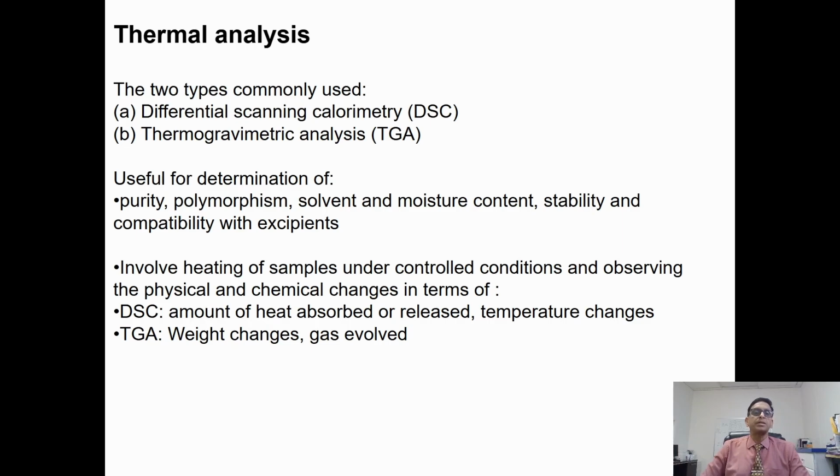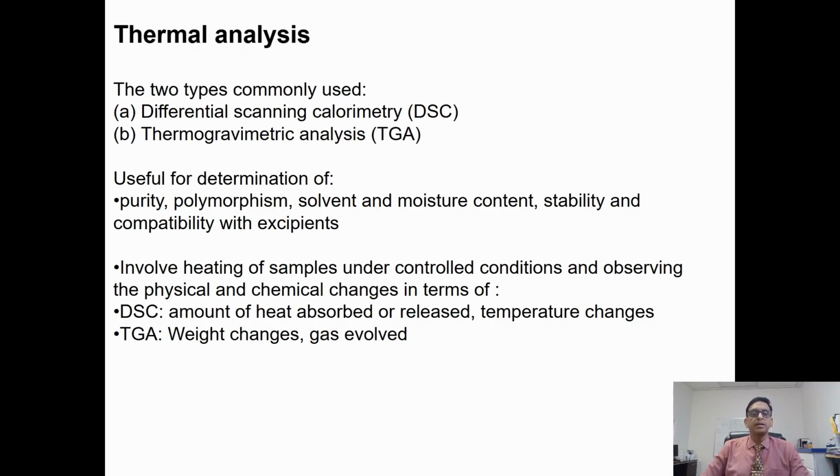Let's discuss these two methods in detail. Both come under thermal analysis and are useful for determination of purity, polymorphism, solvent, moisture content, stability, and compatibility with excipients. So how the drug components individually, or drug and excipient, are compatible, we can analyze by using thermal analysis methods, mostly DSC or TGA.